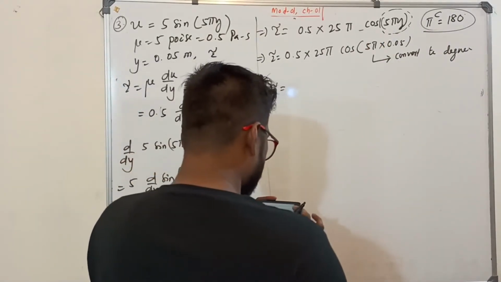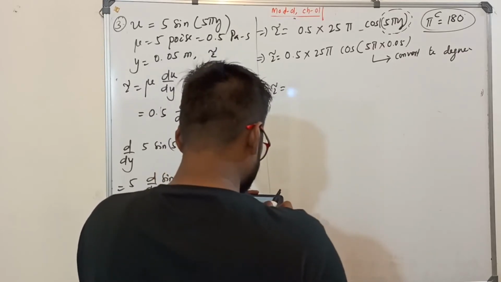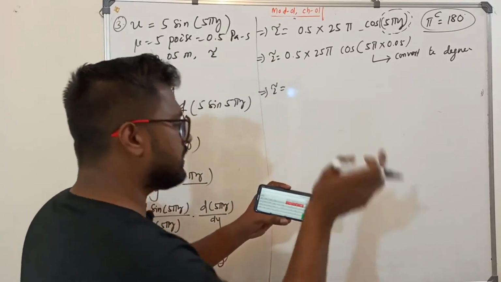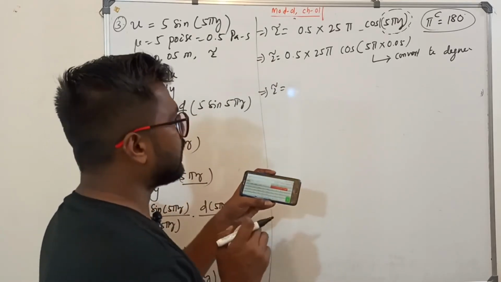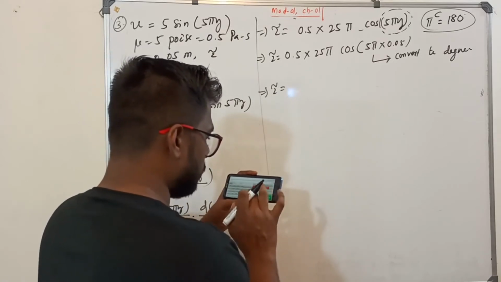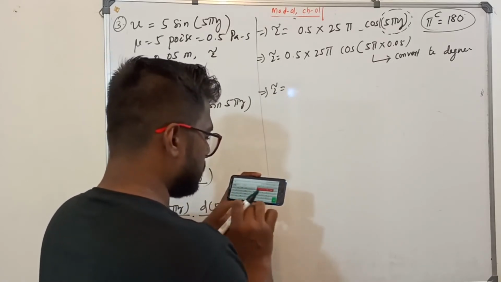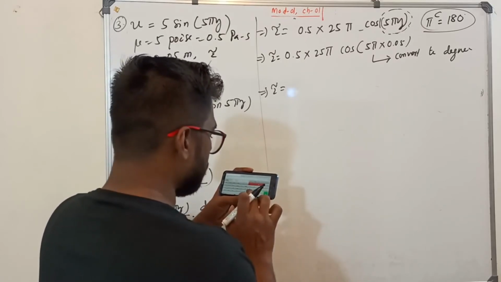So 5 into 180 into 0.05. After typing this, type cos; that is your cos 5 pi y value. I got 0.707, into 25 multiplied by pi times 0.5.